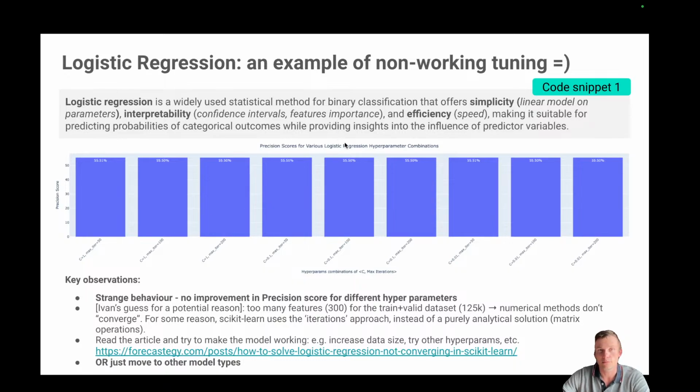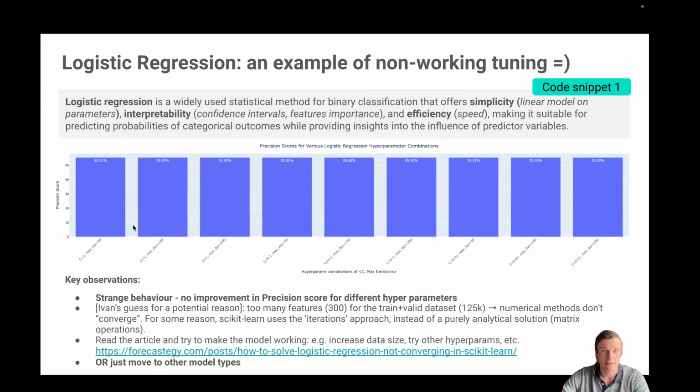It is simple because it's linear in parameters. And we will see later today for a neural network, linear and non-linear, that linear models are faster to predict, they are easier to interpret, they are efficient, so you can train them in fewer minutes. But sometimes it doesn't work.